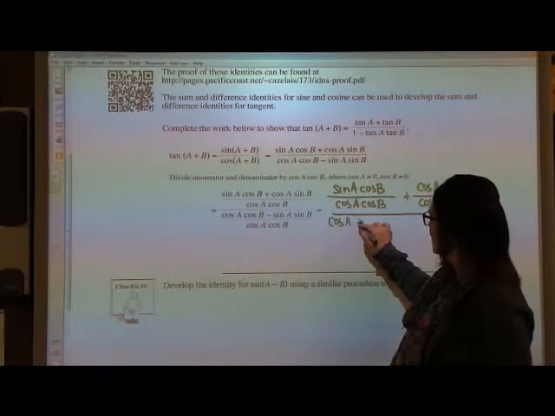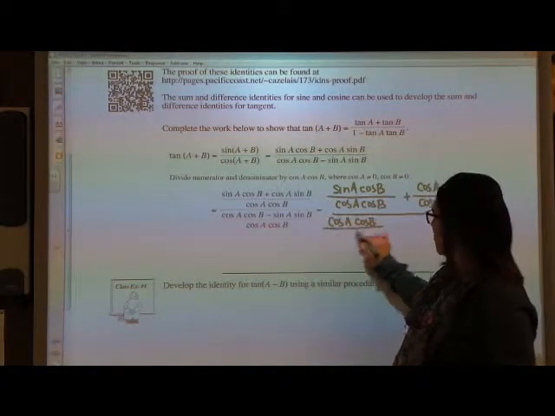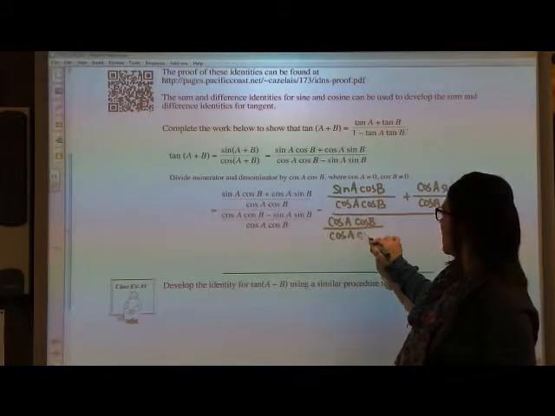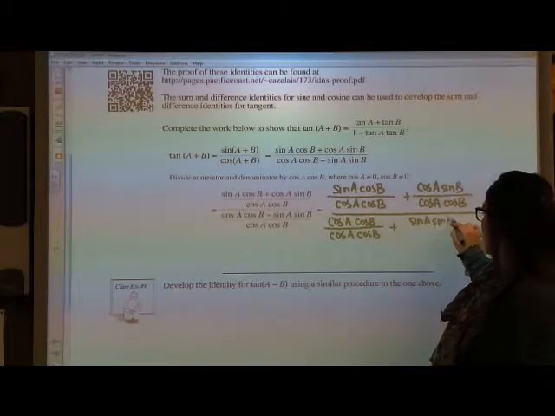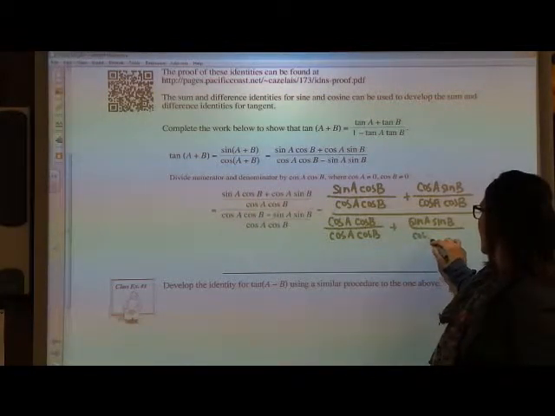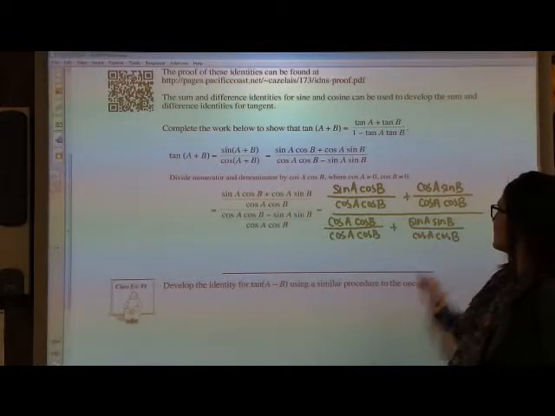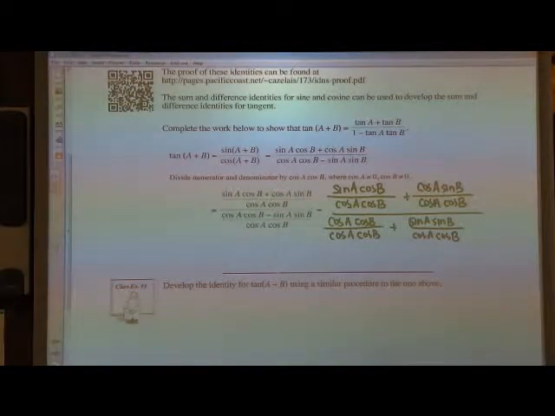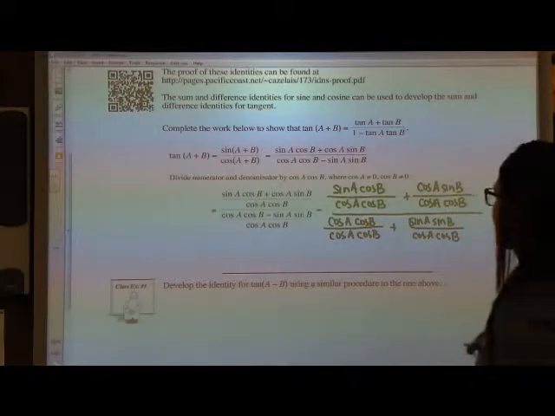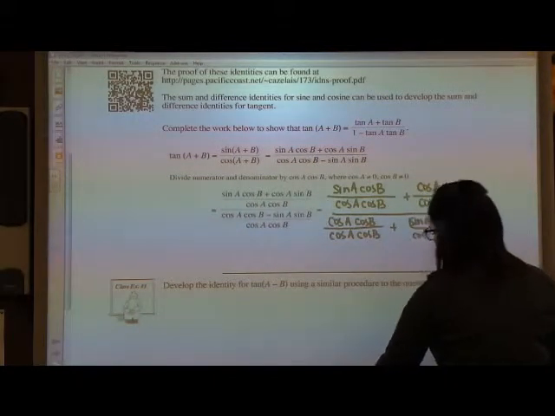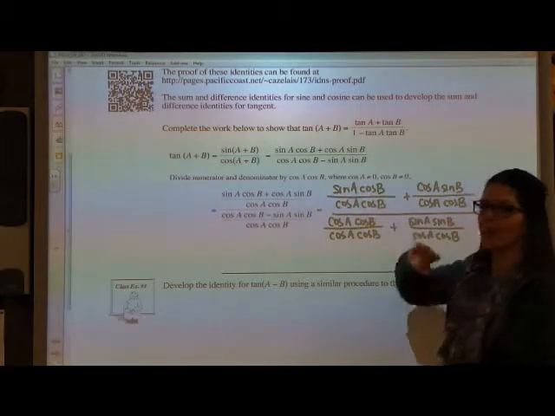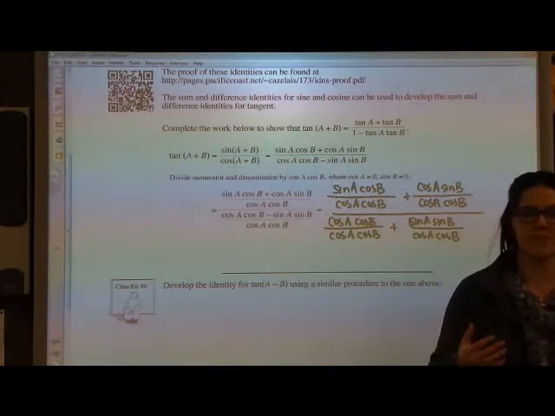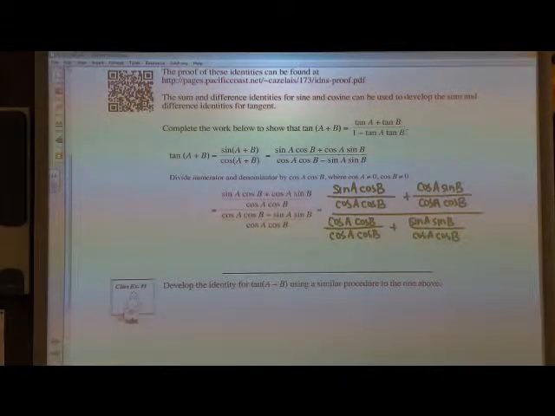Cos A cos B over cos A cos B plus sine A sine B over cos A cos B. If I divide the numerator and the denominator by the same thing, I haven't actually changed the value, because it's like dividing by 1.